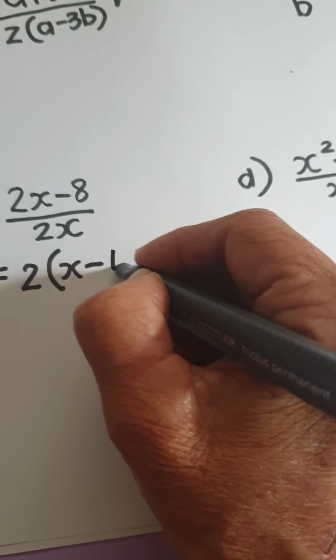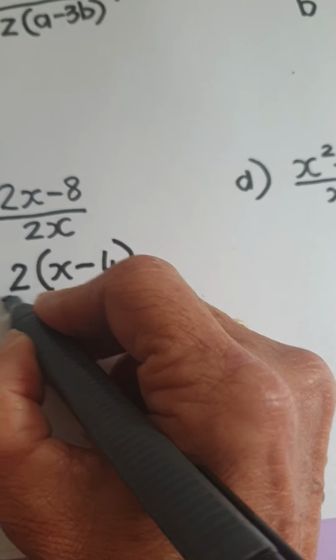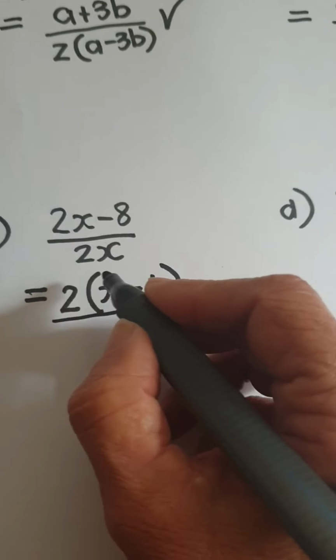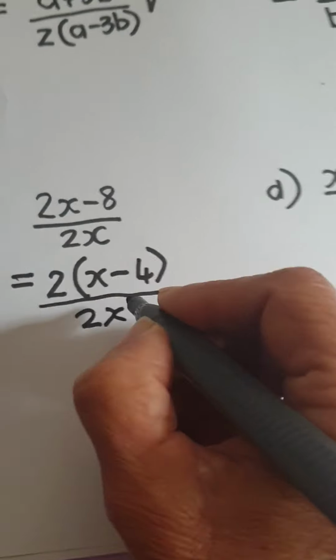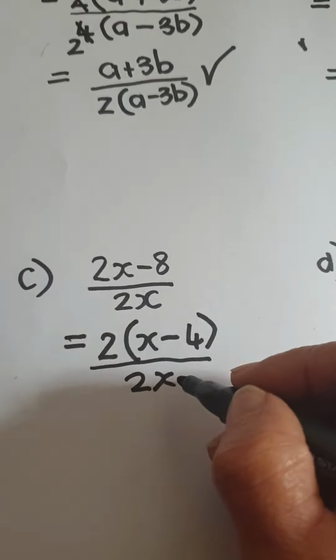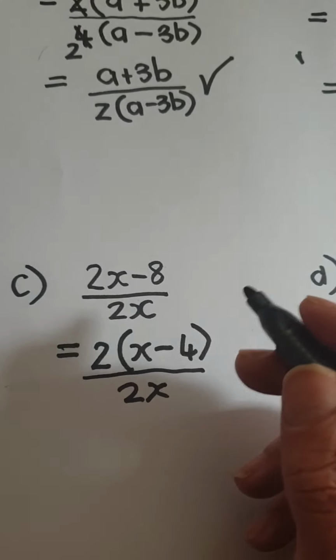minus 8 divided by 2 is 4. So I get the bracket x minus 4, which means I now have 2 times a bracket, which is 1 term. Divide that by 2x, which is 1 term. So now I can simplify. Highest common factor, everybody, is 2.